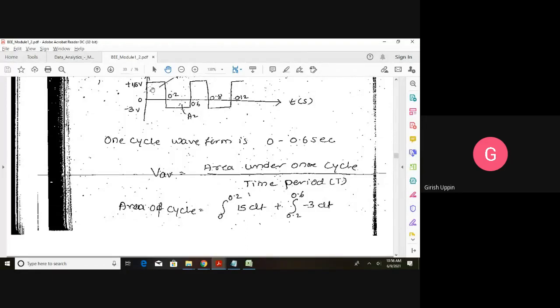Or you already know that this is one rectangle and this is another rectangle. We can easily calculate the area of a rectangle. Area of the rectangle is this side multiplied by this side, that is 15 into 0.2. And area of this rectangle is what? Minus 3 into 0.4.